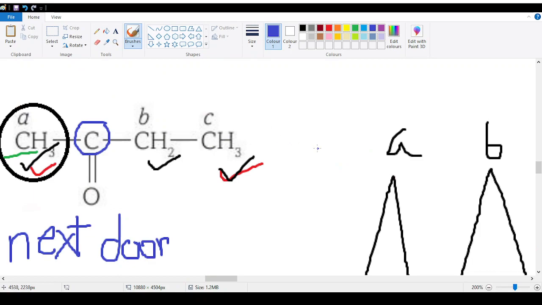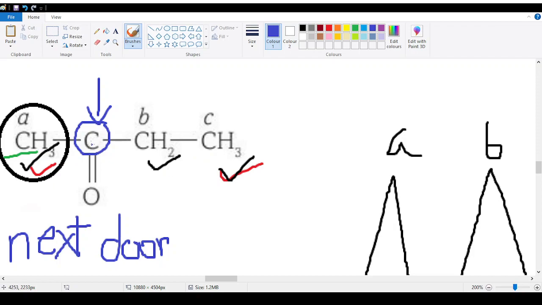The blue one is the next door carbon atom, right? It's bonded to the one carbon only. So this carbon, does it have any hydrogen or not? I'm talking about this one. No, this carbon has no hydrogen.